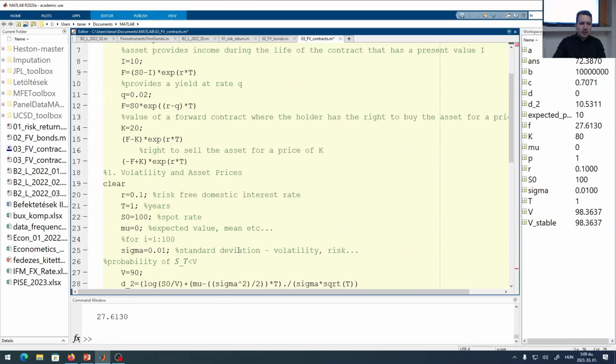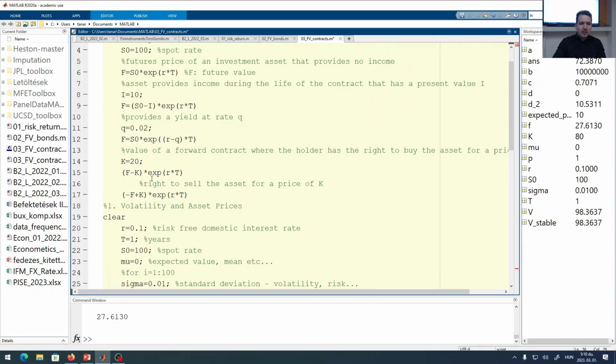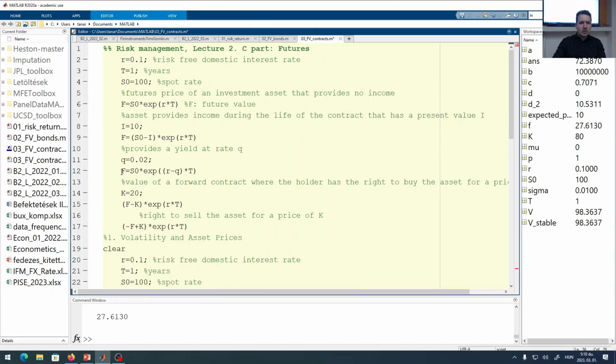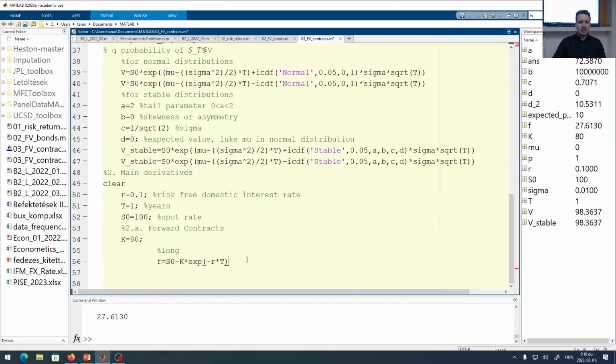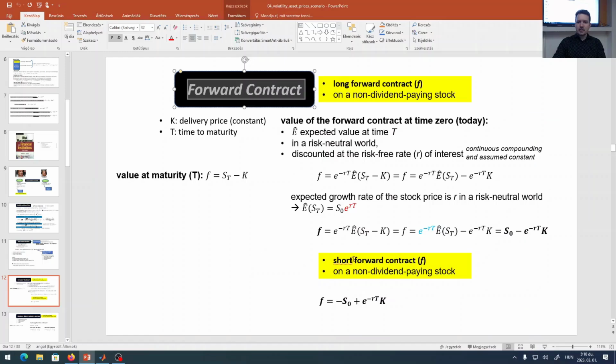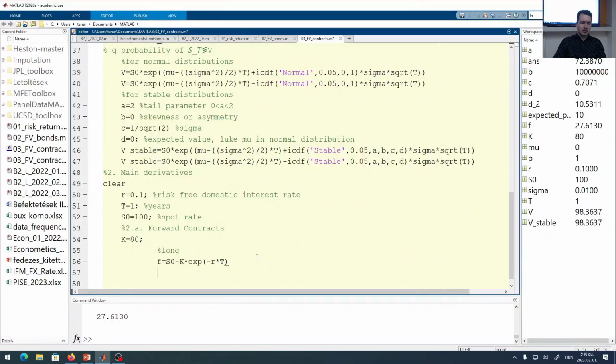So it can be familiar on this side of the script, and also a short forward contract will be the same, just in the opposite direction.